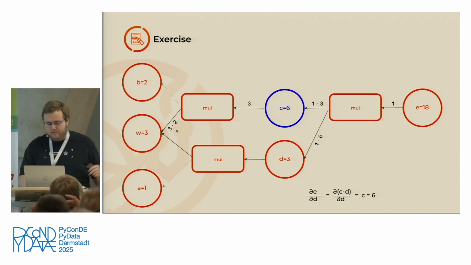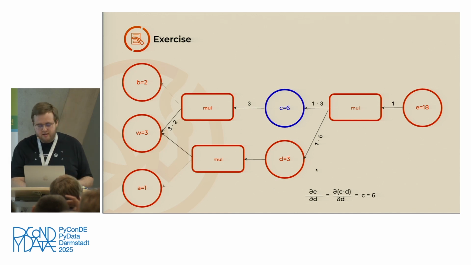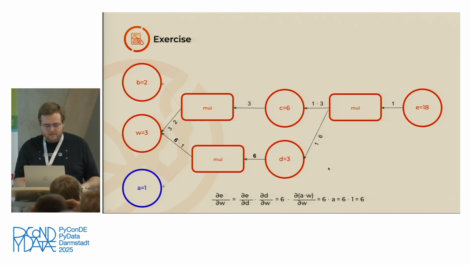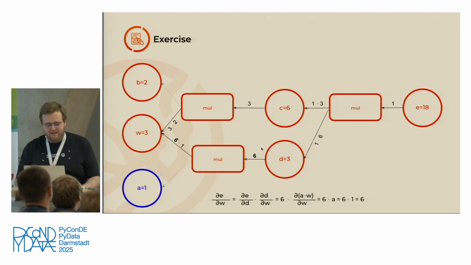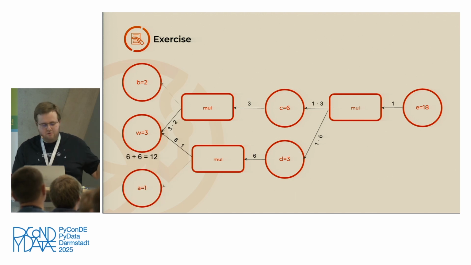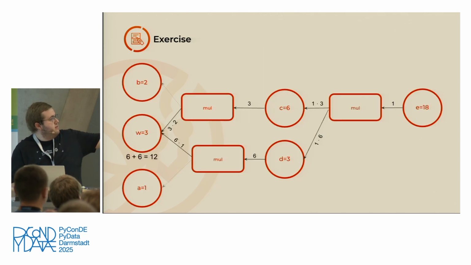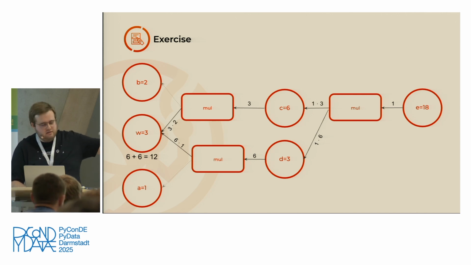Now we repeat the same thing in the lower branch. dE by dD is 6, and here we have 6 again. Now we have gradients coming from 2 branches, and we need to accumulate them inside our neuron W. So the final answer is E equal to 18, and the gradient of W is 12.